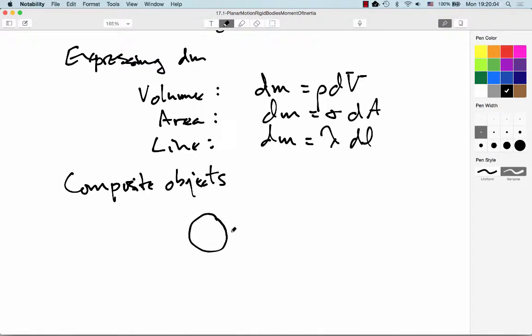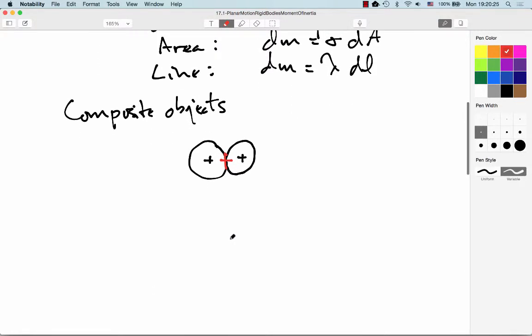So let's say I've got two circles that are just touching like so. There's the centers of mass of each of those. You can just go ahead and find the center of mass of these two centers of mass, just treating them as point objects. So sometimes you get lucky and you can do something like that.